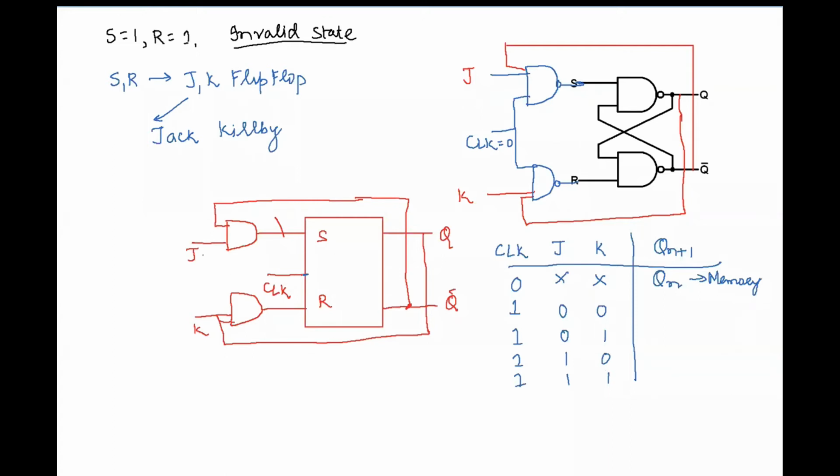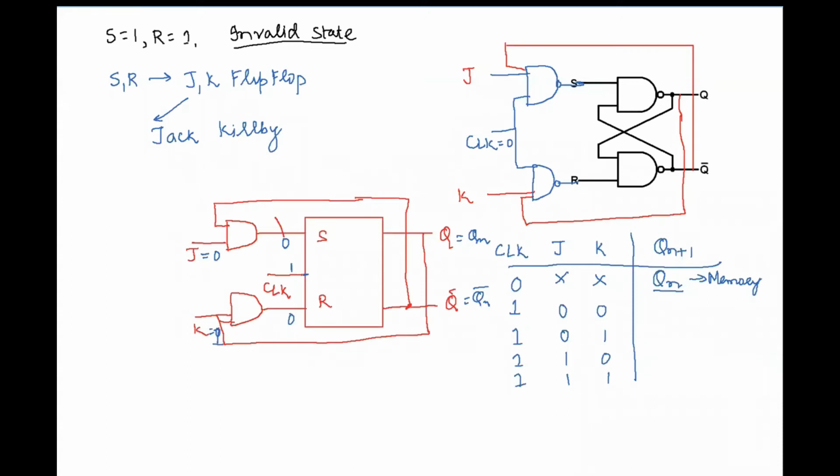If J is equal to 0 and K is equal to 0, with the clock at 1, then S is equal to 0 and R is equal to 0. So Qn stays Qn and this stays Qn bar. That means it will retain the previous state when J is 0 and K is 0.